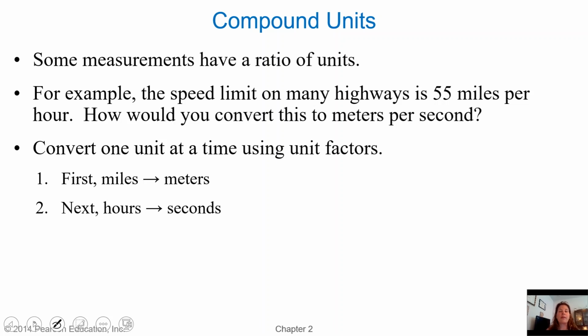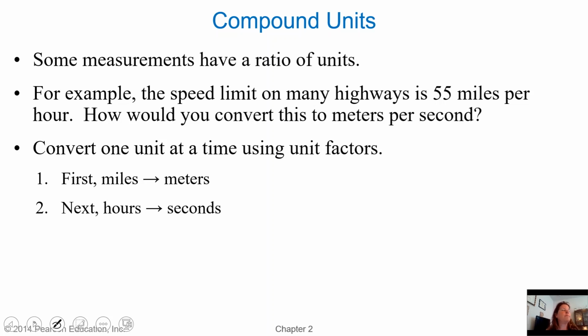Compound units are also something we deal with a lot in chemistry. You've dealt with compound units before. You probably just called them something else, like mph, miles per hour. If you like to work on cars, PSI, which you've probably seen with tires, pounds per square inch.